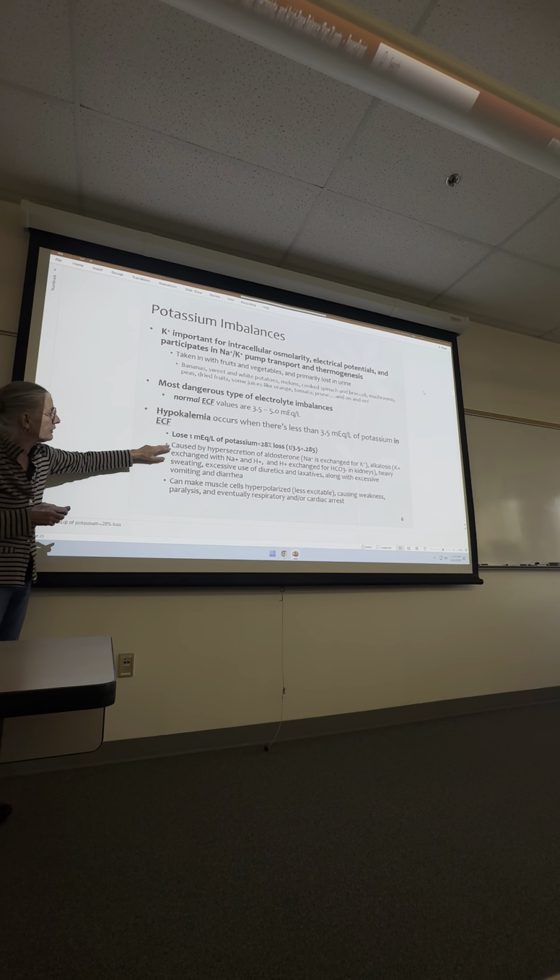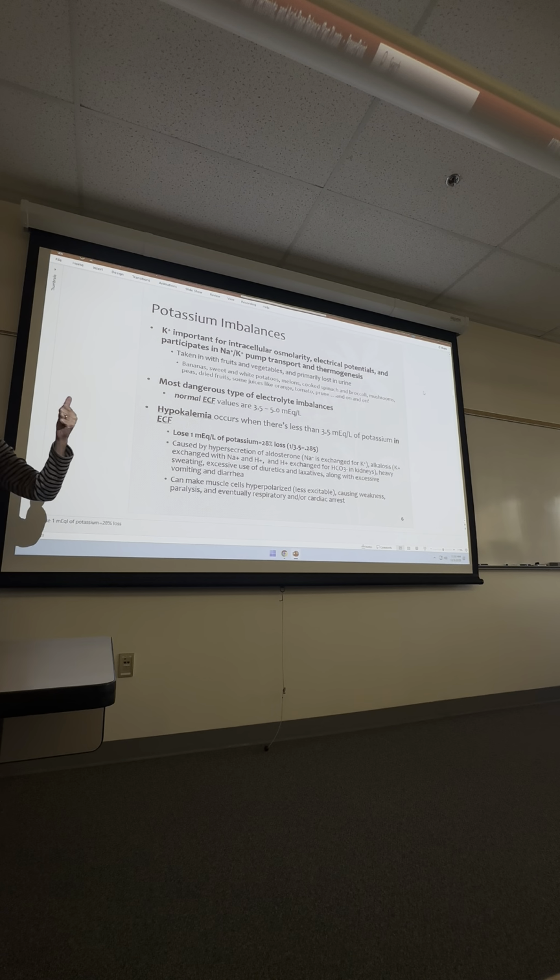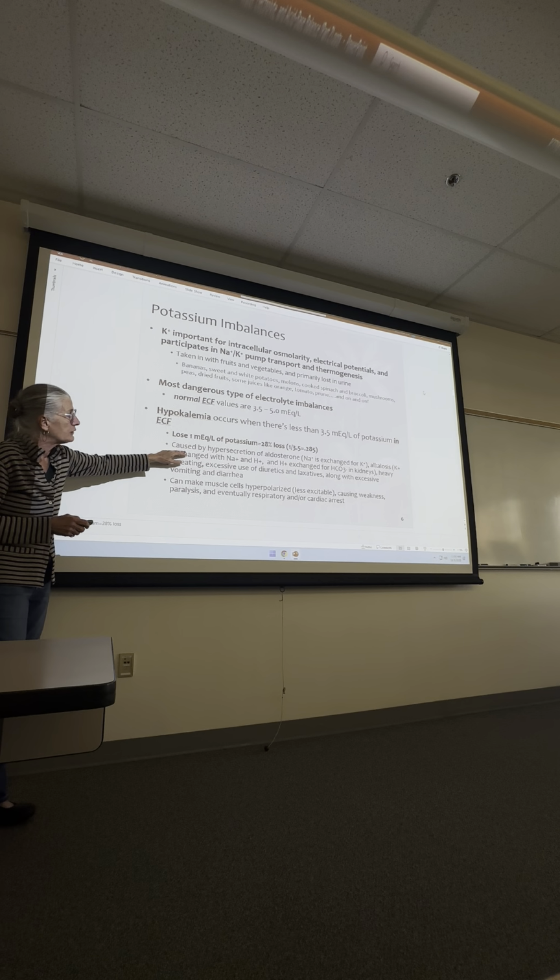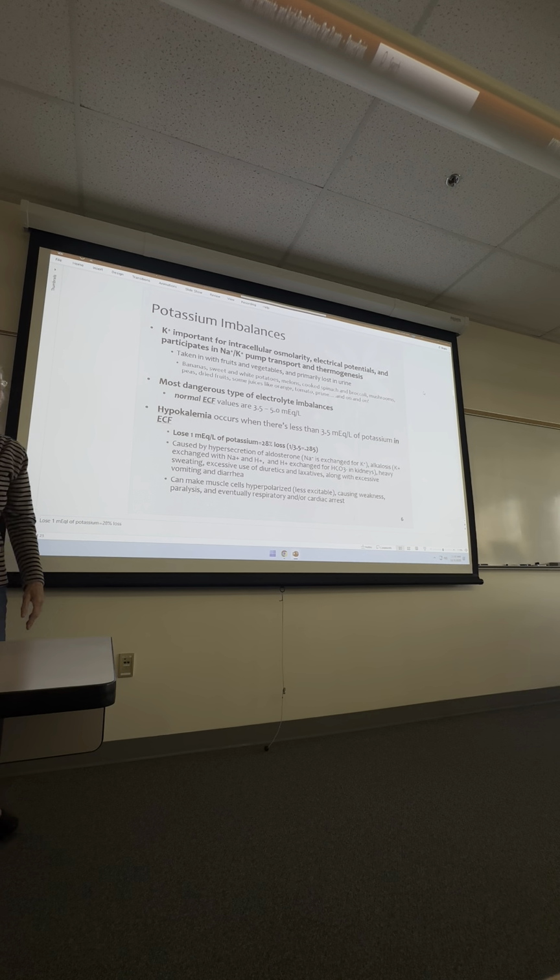It can be caused by hypersecretion of aldosterone. What's aldosterone do? Remember, aldosterone pumps sodium back in, chloride follows, then water follows, and potassium is secreted out at the distal convoluted tubule in the kidneys. But if we have hypersecretion of aldosterone, sodium can be exchanged for potassium, so we're putting too much potassium outside the cell.